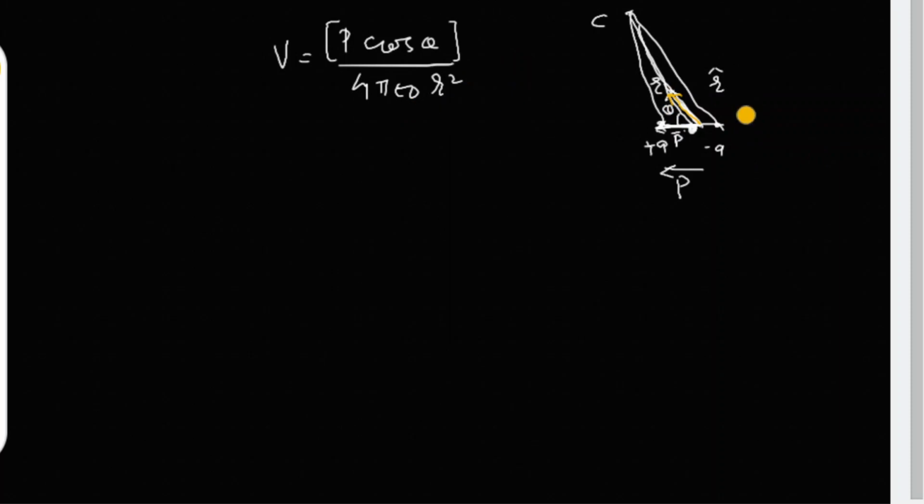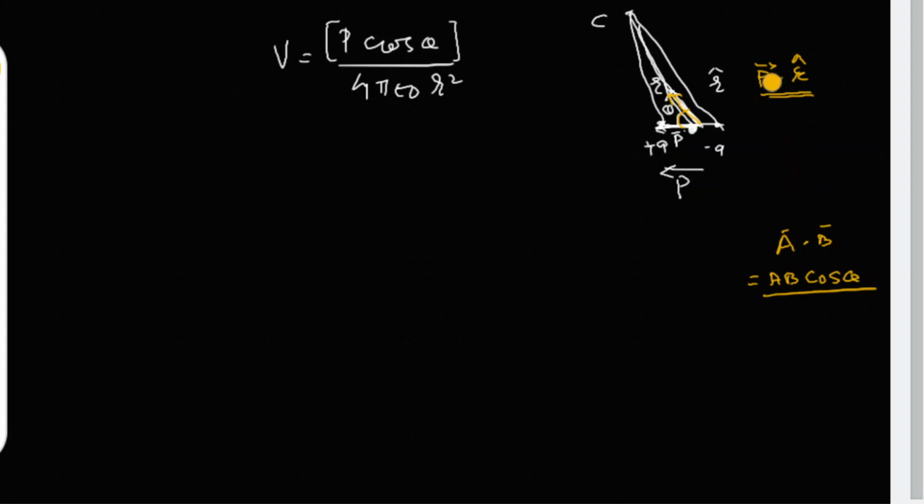So if I take the dot product of these two, vector p into the unit vector r cap, what will it be? If I take any vector A and any vector B, the dot product is the magnitude of the first vector into the magnitude of the second vector into the cosine of the angle between them, isn't it?